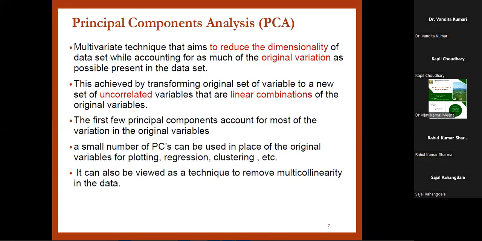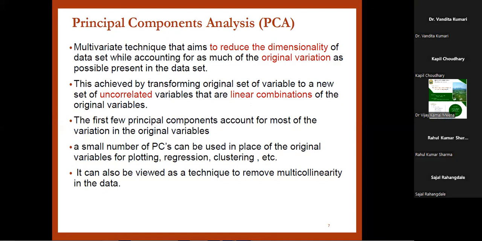Now let's come to principal component analysis. This is one of the important multivariate techniques. So what is principal component analysis? It is a multivariate technique that aims to reduce the dimensionality of the data set while accounting for as much of the original variation as possible.